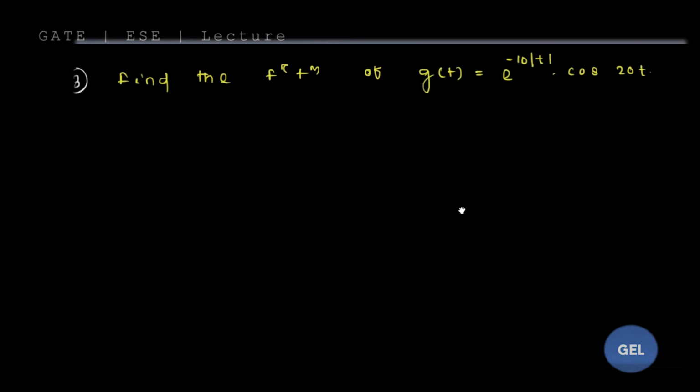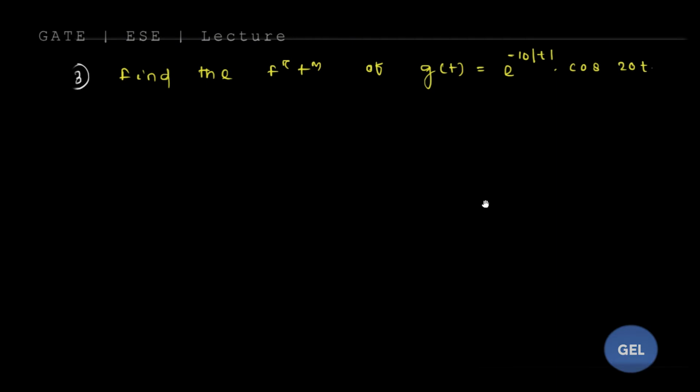Now I'll discuss one question: e to the power minus 10 mod t, cos 20t. If you have this kind of question, it is asking for the Fourier transform of g of t, which is a double-sided exponential signal multiplied with cos 20t.